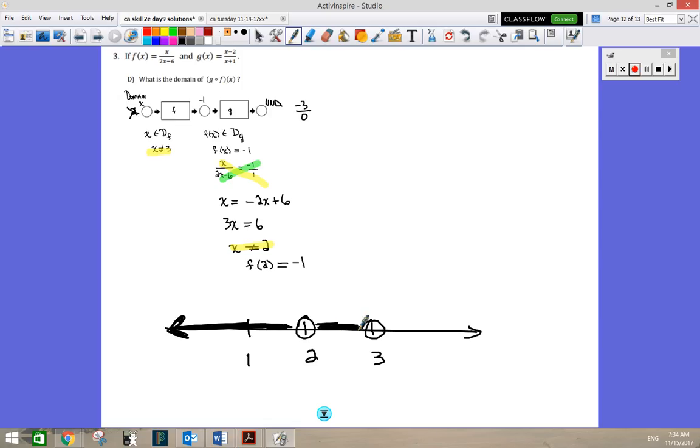It'll be related to some y value, some output. Alright, to describe this, we read it from left to right. So the domain of this g composed with f is from -infinity to 2, and then from 2 to 3, and then from 3 to infinity.